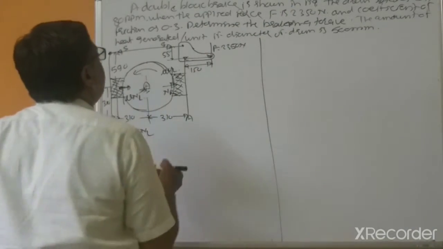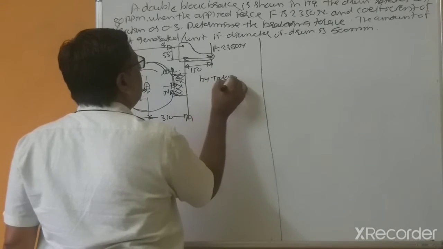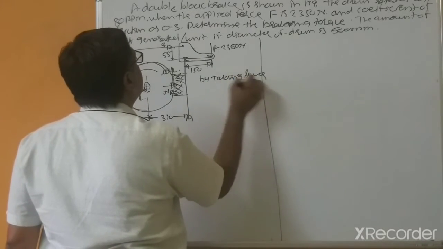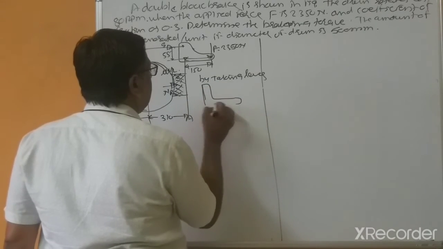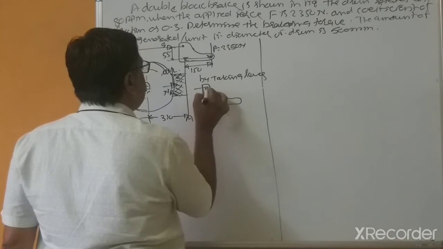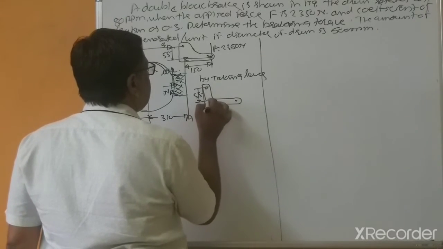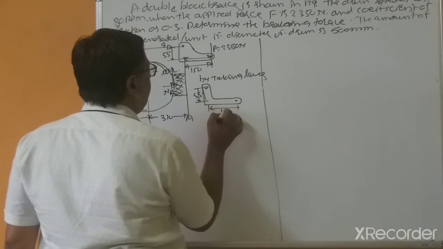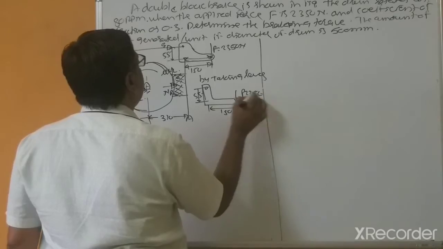So by taking the lever, this distance is 55, and this distance is 150. This force P is equal to 2350.